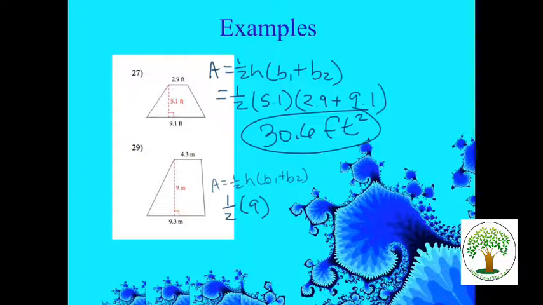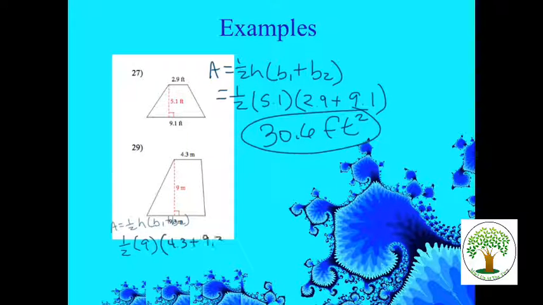Crazy, I don't have enough room for all this. All right. 4.3 plus 9.3. Confirm your equation with me. Make sure you've done that correctly. Before you go too far, just make sure you have the same formula. Plug everything in right. Is that a 0.3, 4.3? Yeah, my decimals are showing up on the screen over here, but not up there very well. There we go. Okay.